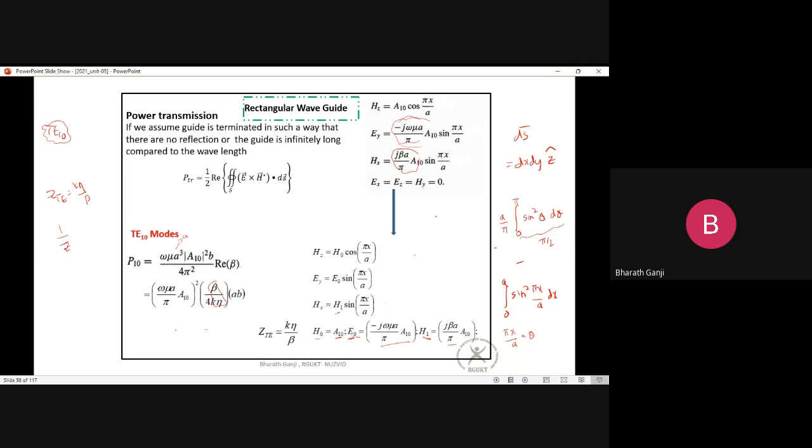If I replace it with 1 by ZTE, what is this factor? This is nothing but the magnitude of this electric field squared, and the magnitude of a complex constant. I can write this as magnitude of electric field squared, 1 by 4 times wave impedance, times AB. So you can see that this is for a TE10 mode.